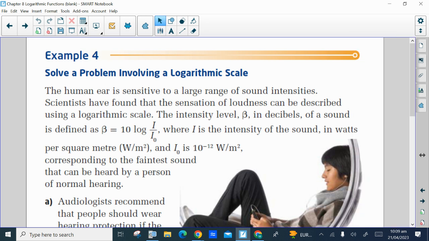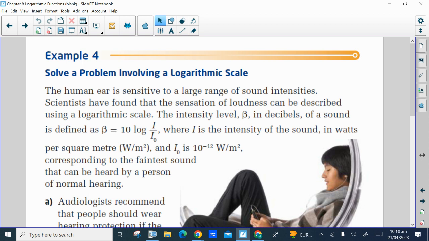So we're talking about, again, using logarithmic equations to solve problems. The human ear is sensitive to a large range of sound intensities. Scientists have found that the sensation of loudness can be described using a logarithmic scale.